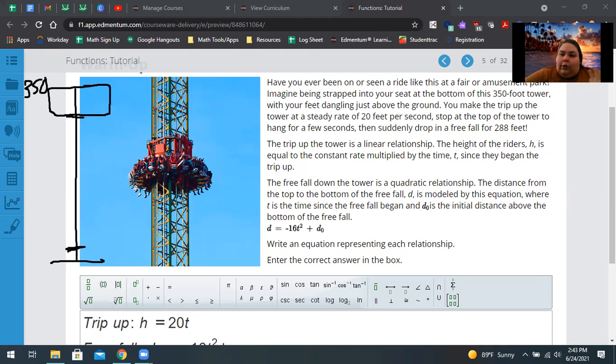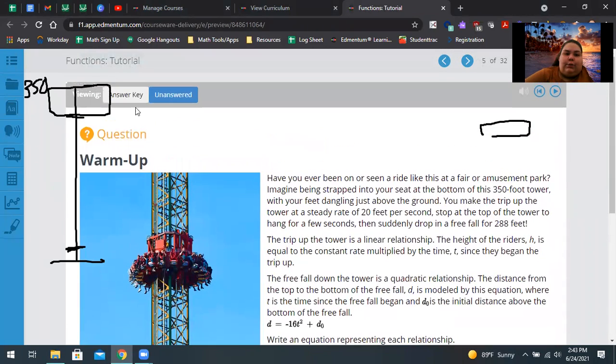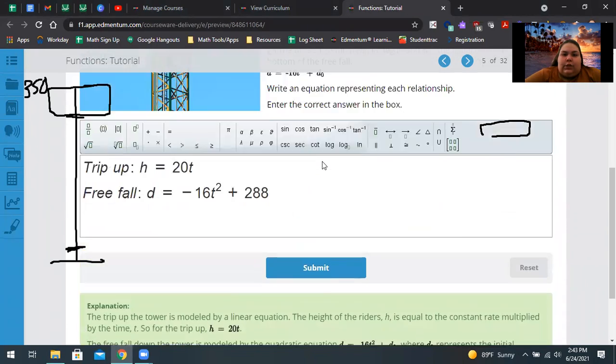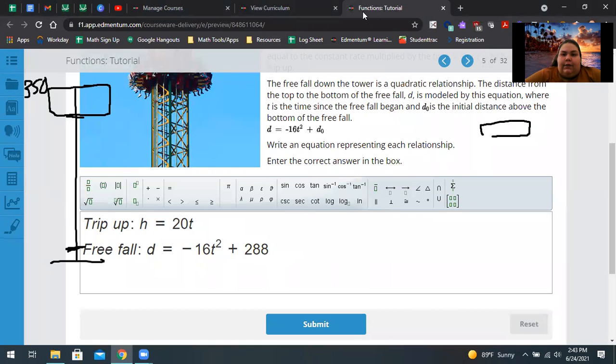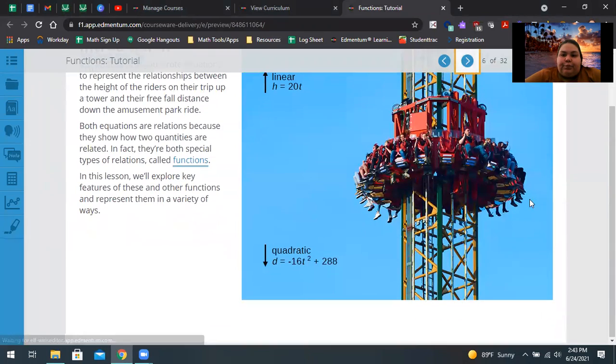So you don't go all the way up, but we do know how many feet you drop. It's mentioned right there, 288. So then we have our plus 288 feet of how much you actually drop. So go ahead and make sure you submit that for the warm-up. And let's continue.